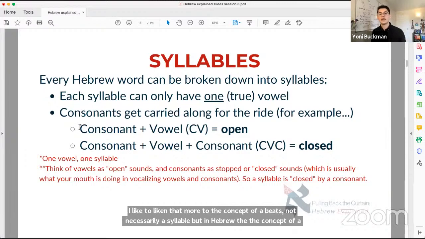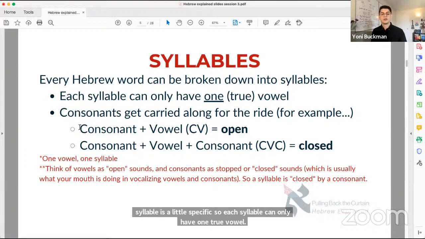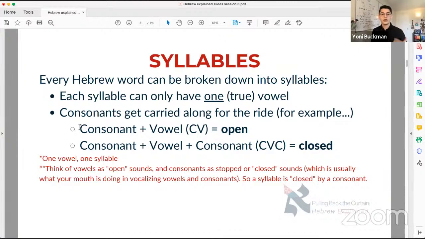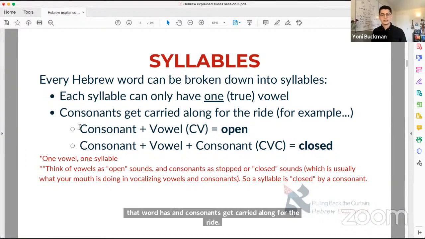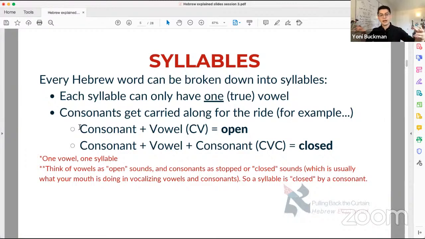And consonants get carried along for the ride. So basically, you have two types of syllables: an open syllable and a closed syllable. An open syllable ends in a vowel, and a closed syllable ends in a consonant. Think of vowels as very powerful sounds out of your mouth, and the consonants adhere to the vowels.